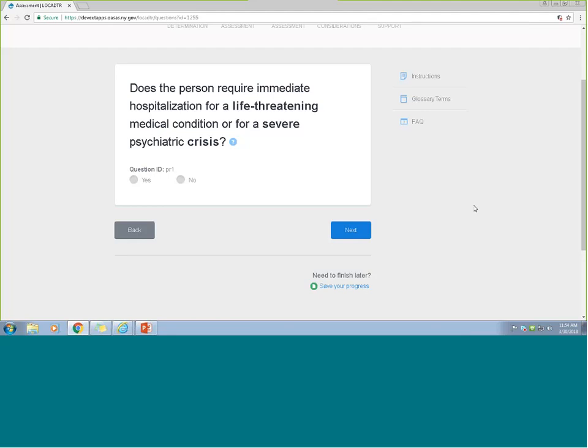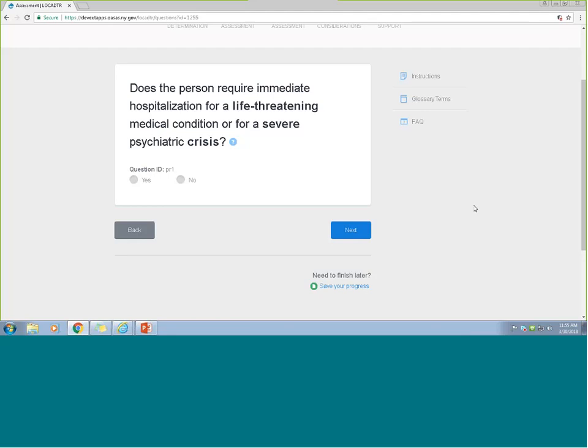You can always email the PICM mailbox, which is PICM at oasas.ny.gov. The PICM staff are readily available and are very responsive to questions that come into the mailbox.